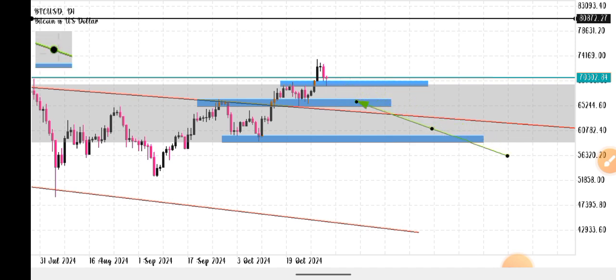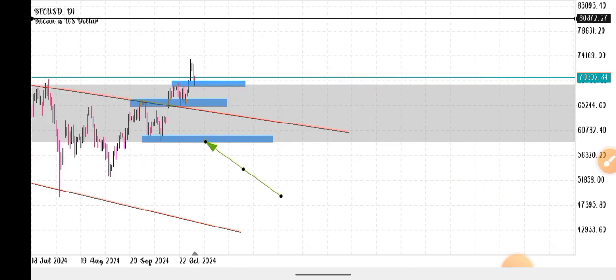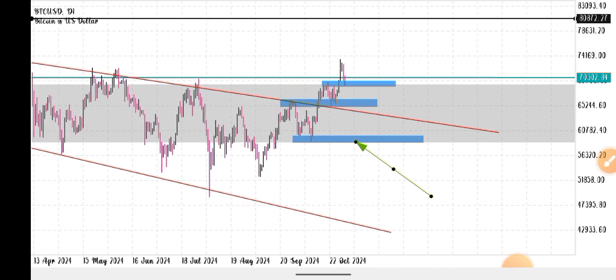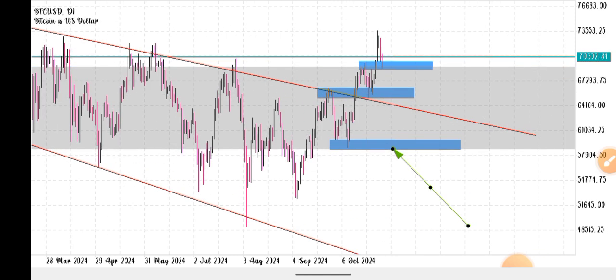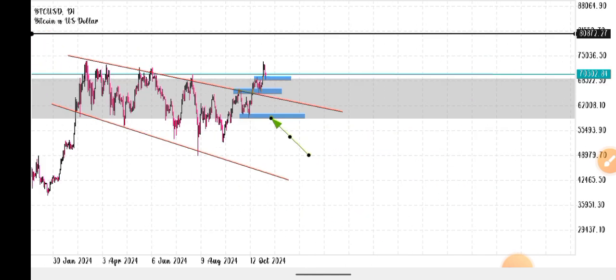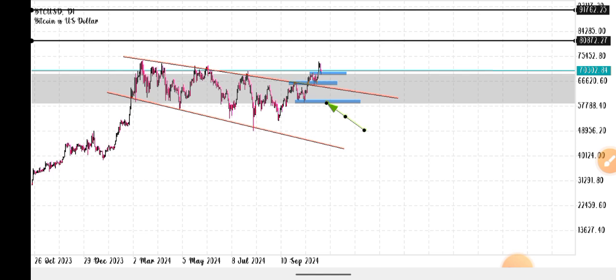It can also come to retest this zone to gain momentum to go to 80,000, or it can also come below, right? So that is how price moves. Price does not move in one direction. So what gives me the confidence to know that price might come down is because price is actually at the zone where it did a choke, guys.